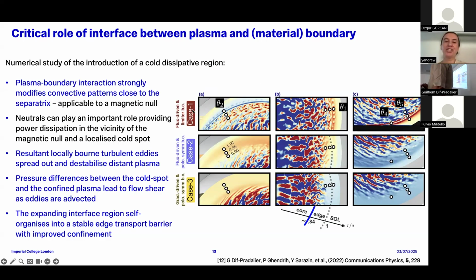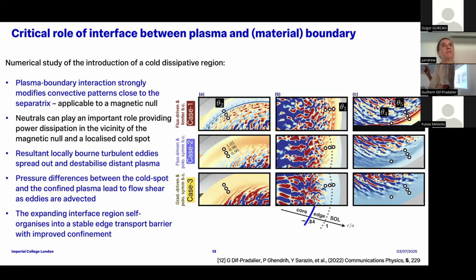There were essentially three cases, and this was calculated using the GISELA gyrokinetic code, and we have a symmetric poloidal plasma. So case 2 and case 3 had poloidal symmetry. Case 1 introduced a limiter, essentially here. And what the limiter does was introduce a cold spot.